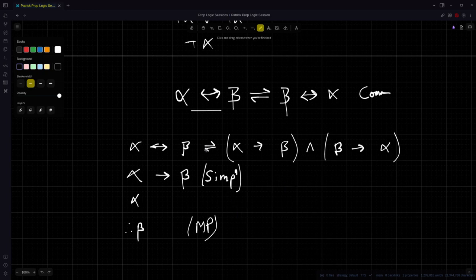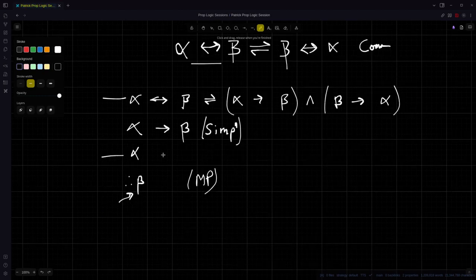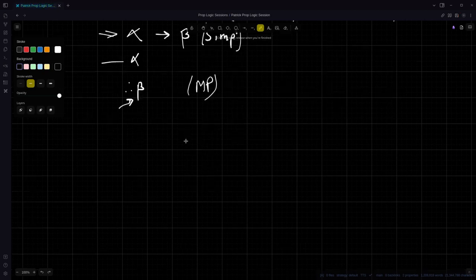So I started from here and here, and I reached here, right? Which means I can simply skip this step and get to this directly. And that is going to be just a modus ponens, but with a biconditional instead of a conditional.